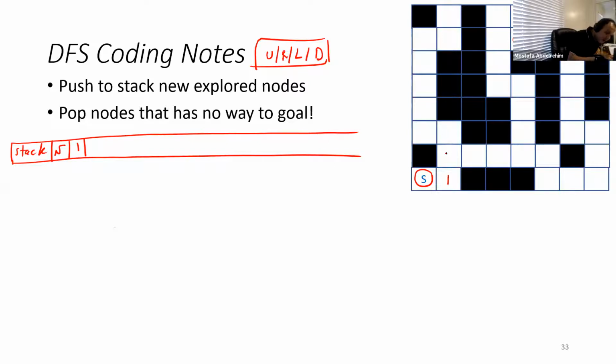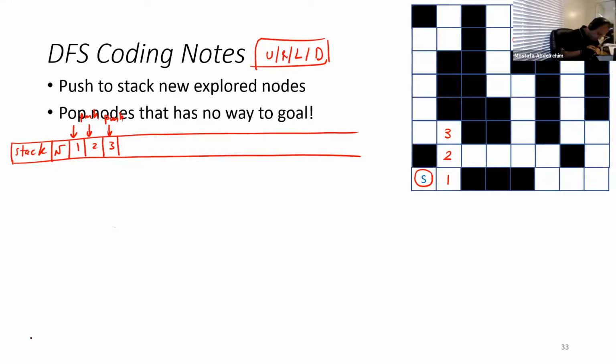Can we go up from 2? Yes, we can go up. So we go to 2. Now 2 is the head of the stack, so we're going to start from 2. Can we go up? Yes. And each time we push into the stack.